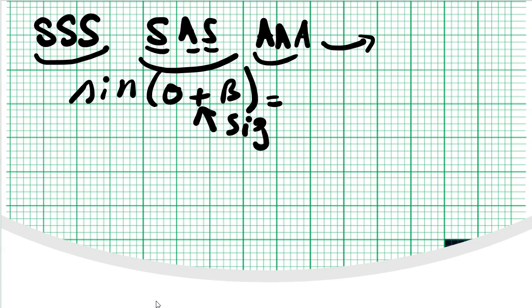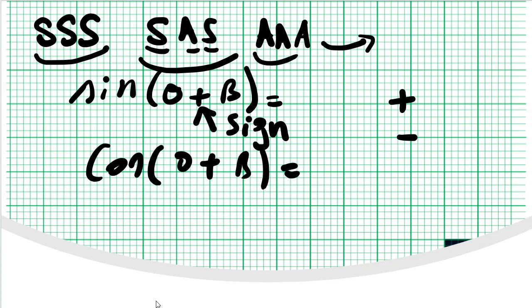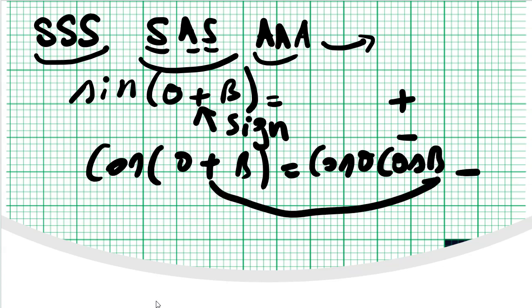It stays plus, and if it's minus, it stays minus. And the cosine of theta plus beta is the selfish one: it goes cosine theta, cosine beta, does change the sign, and then tells the sign, the ratio of sine to, which is opposite divided by hypotenuse, to come aboard.